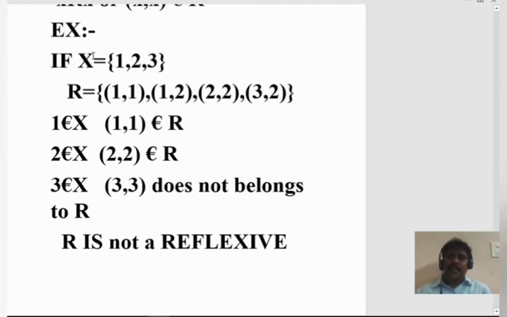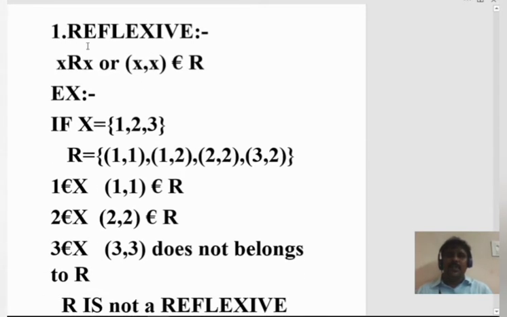Next, we take another example. If X equals {1, 2, 3}, he has given a relation R equal to {(1,1), (1,2), (2,2), (3,2)}. He has asked whether it is reflexive or not. We already know that x is related to x, or (x, x) belongs to R, then it satisfies the reflexive property.